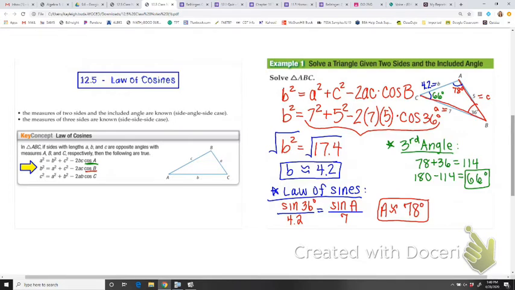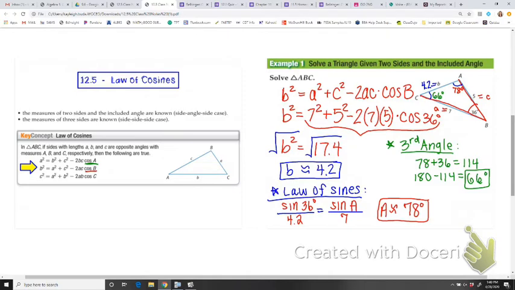And then we need 2 other missing angles. So we can start using the law of sines from yesterday. So we have angle B was 36. Its opposite side we just found was 4.2. So write that as a fraction. If I want angle A, you have sine of A over its opposite side, 7. And again, you can cross multiply.